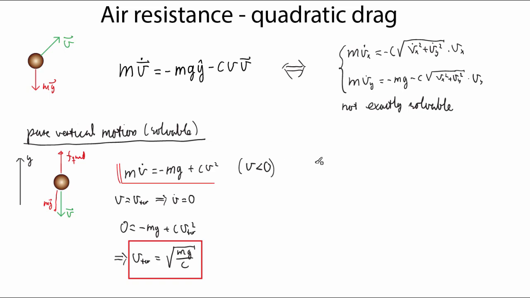If we want, we can rewrite this now as the following, just by factoring out the g and dividing by m. And then we can see that this looks very similar to the v terminal here. It's actually 1 over v terminal squared, so we get this.